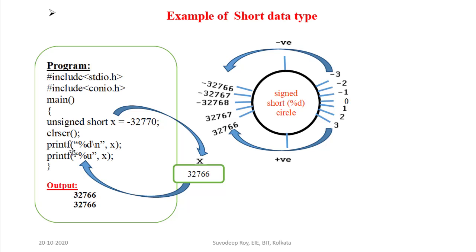Now to access, when we use printf %d, x as well as printf %u, x, what will we get? This is %d, x. So the compiler will search the value of x, that is 32,766. It will check the %d circle. Which one is the %d circle? This one. It will check whether this value is there or not. 32,766 is there, so it will give the output here.